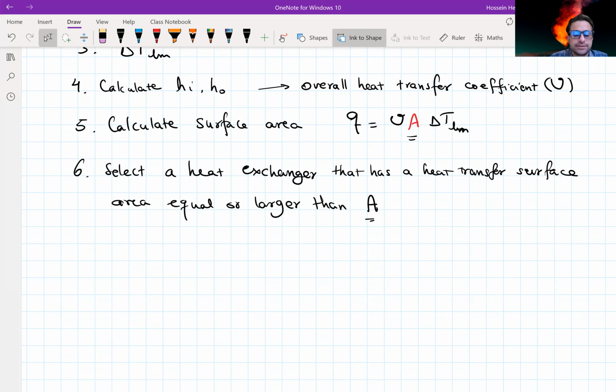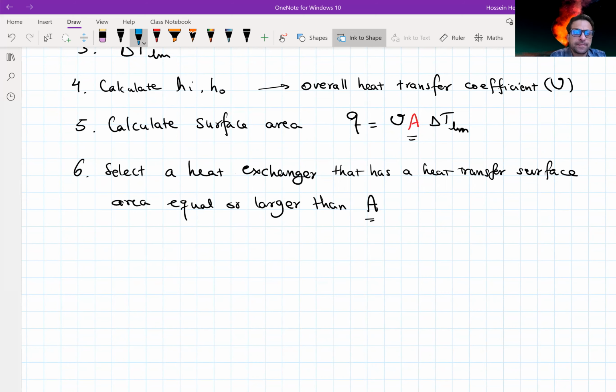Another situation that can arise is, let's say we have a heat exchanger in storage and you've been asked to determine whether it can do the job for the process. Let's say you're going to heat up the oil going from one place to another, or cool down the oil, or heat up water, or other things.